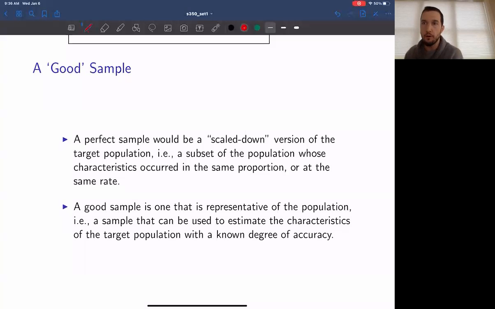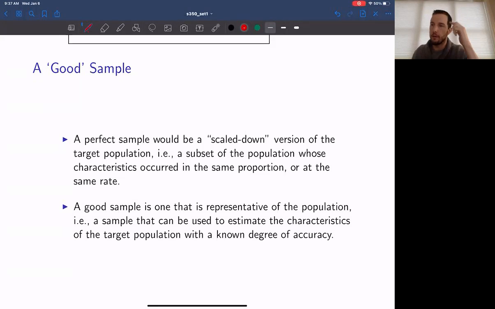Now, this, of course, is a very difficult problem because how do you actually capture all of these characteristics? The population is such a dynamic and ever-changing collection of elements where all of these different variables or characteristics, I'll use the same word, are changing rapidly and evolving, and we want to have those in the same proportion when we collect our sample, right?